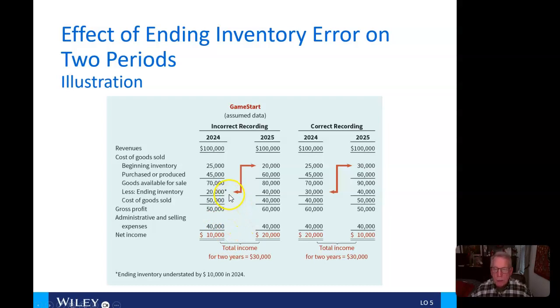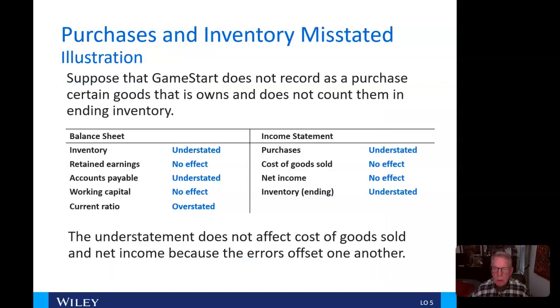Now then, this ending inventory ripples up here, incorrectly, of course, and it goes down the same channel here. And for the 2 years, the total is $30,000. If we did it correctly, you can see the 30,000 in ending inventory and beginning inventory. We're going to have total income of 30,000 over those 2 years. Okay.